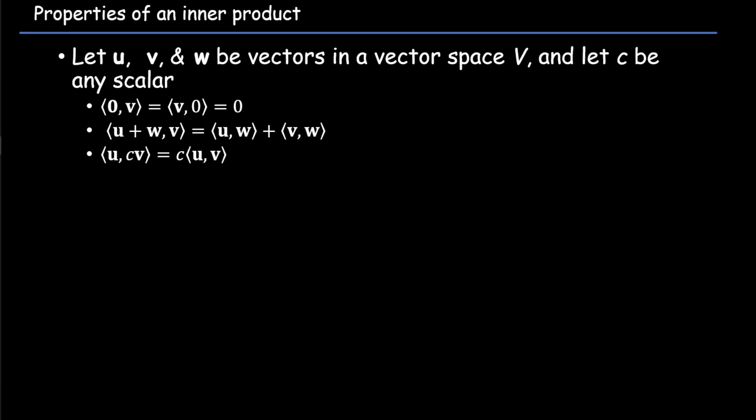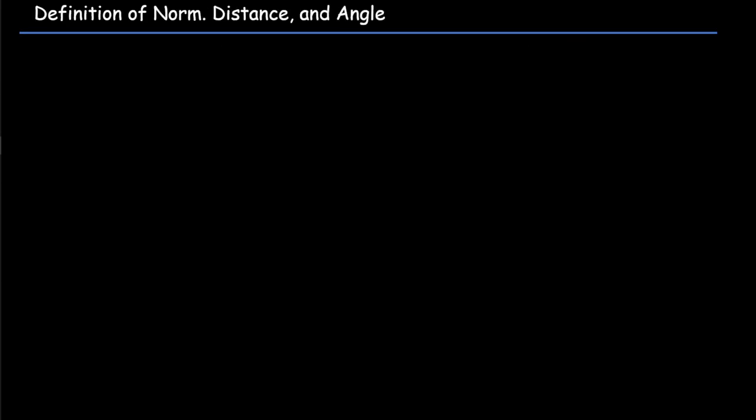Now that we have discussed the inner product, which is a much more general version of the dot product, we can redefine the norm, distance, and angle of vectors in a more general way.